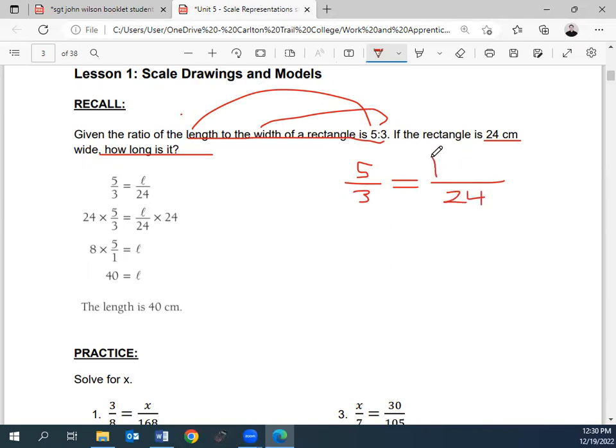And this is the thing I'm trying to figure out. Now they put an L here, you can put an X, whatever it is. But essentially, this is an equation that we've dealt with before. They're trying to figure out a way so that it tells us directly what the answer is. So they times both sides by 24, which gets rid of this, and all of a sudden they're left with an answer.